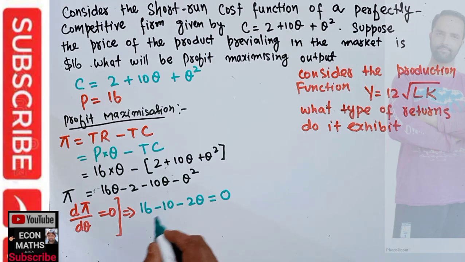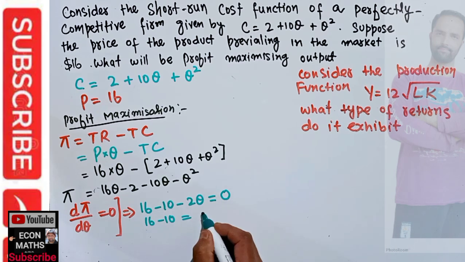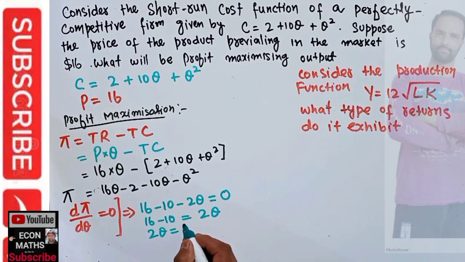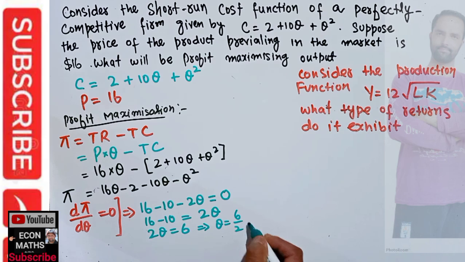Solving for Q, we have 16 - 10 = 2Q, so 2Q = 6, which implies Q = 6/2, which comes out to be 3. That means the profit maximizing level of output will be equal to 3.